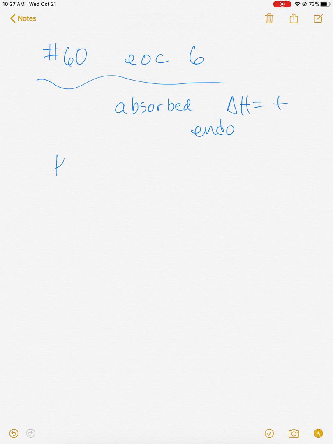So the decomposition of potassium bromide, and we only want 1 mole. That's what the problem says. So we're going to have potassium, and we're going to have some bromine. Well, bromine is diatomic, okay? But we only want 1 mole of potassium bromide.